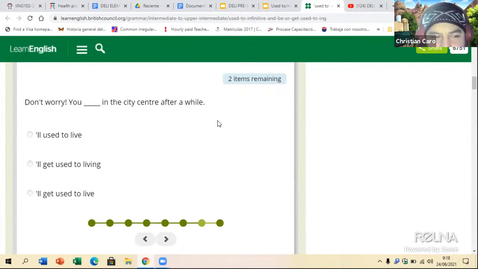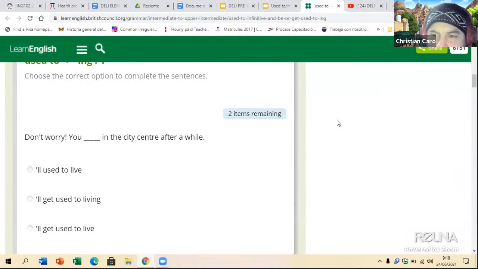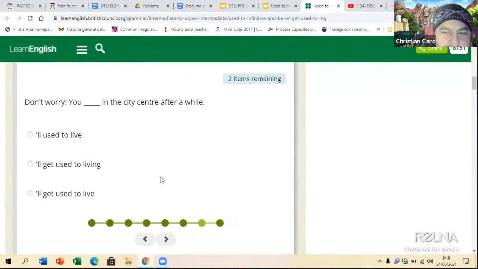Which one? Number 2 or number 3, Tania? 3. All right, there you go. It's okay. So we got Vicente, get used to live, Tomás number 3, and Tania number 3. No more opinions?